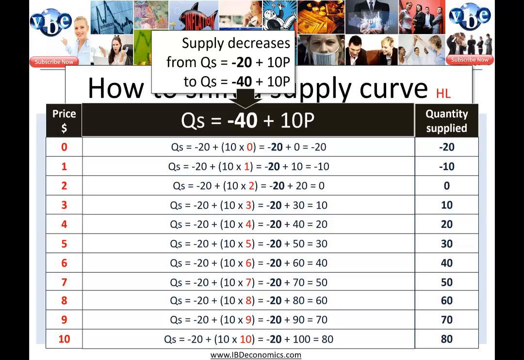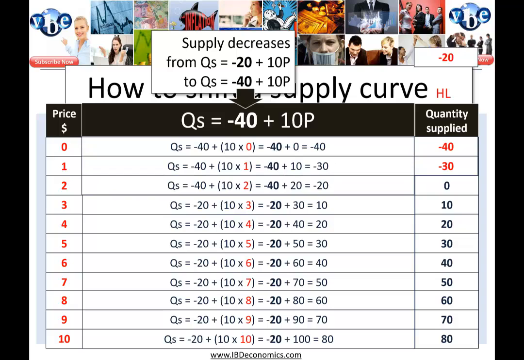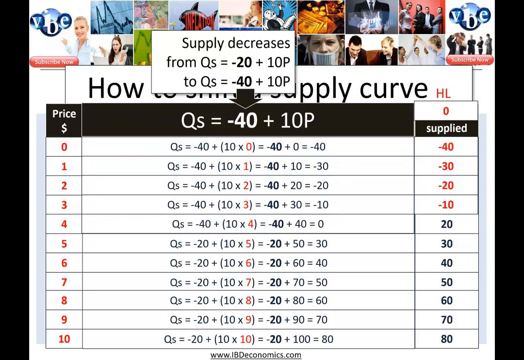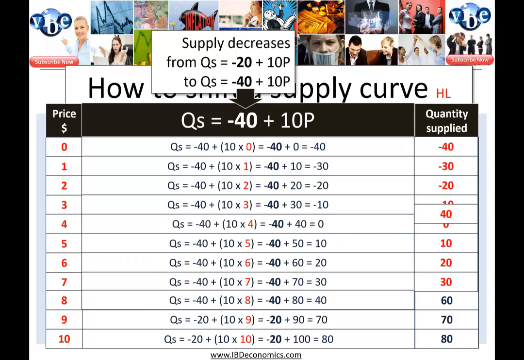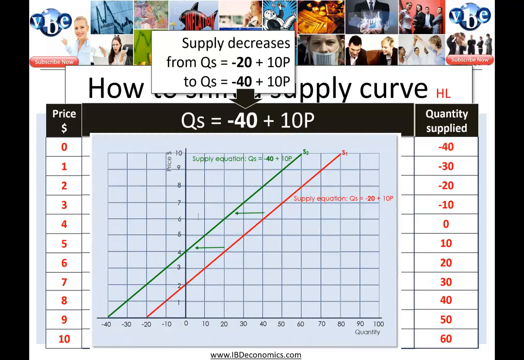Now it becomes QS equals minus 40 plus 10p. So we just go through and calculate the quantity supplied using that new supply function. And we can see that supply has decreased. It's shifted to the left. Less is being supplied at each and every price now.